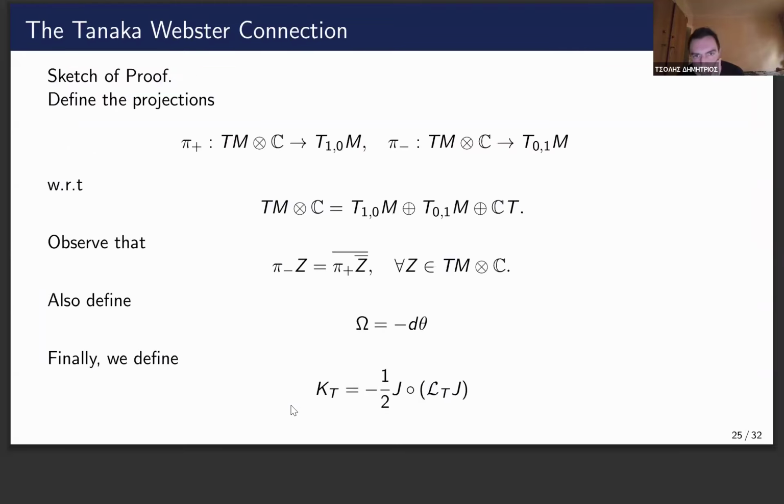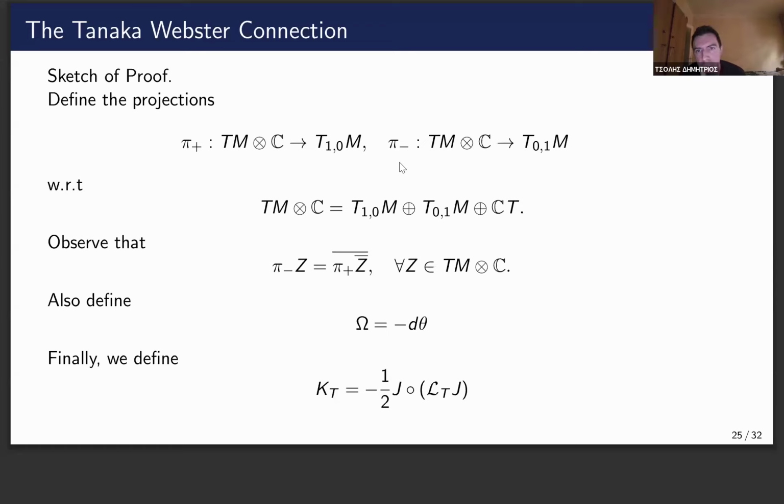So I will give a sketch of this proof. This is a very long proof, but just to get the idea of how this is proved. First, some preliminaries. So we want to define this projection here. This is P plus. It's just a projection of the complexified tangent bundle to the holomorphic bundle.